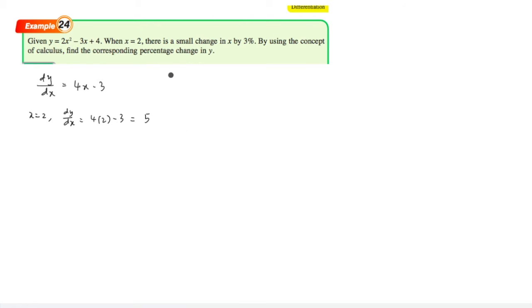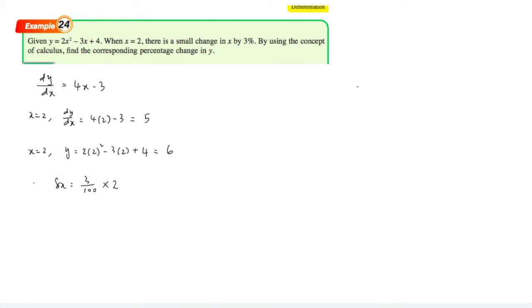And also, you need to find the original y. When x equals 2, your original y equals 6. When x equals 2, dy/dx equals 5. When x equals 2, y equals 6. And, okay, delta x equals 3%, so 3% times 2.